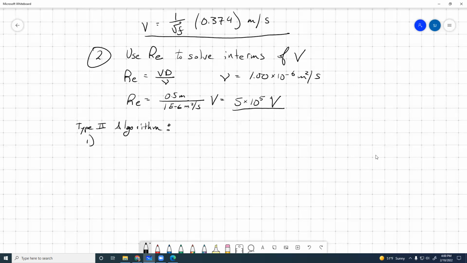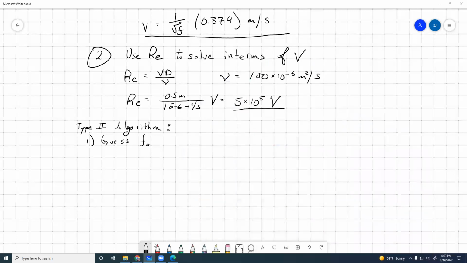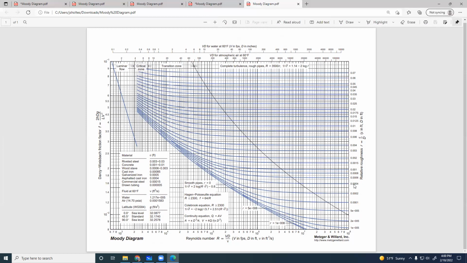First, we're going to guess an initial value of F. Based on what assumption do you think we're going to make? Let's go look at the Moody diagram real quick. If we were going to guess a value of F, what would it be based off of?